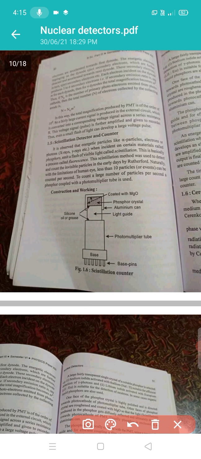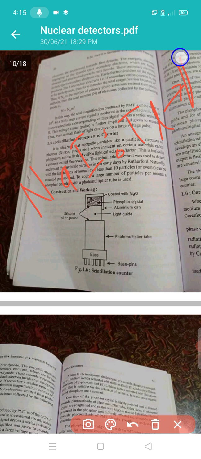A large, fairly transparent single crystal of a suitable phosphor is selected. For example, sodium iodide activated with thallium is suitable for efficient detection of gamma photons.